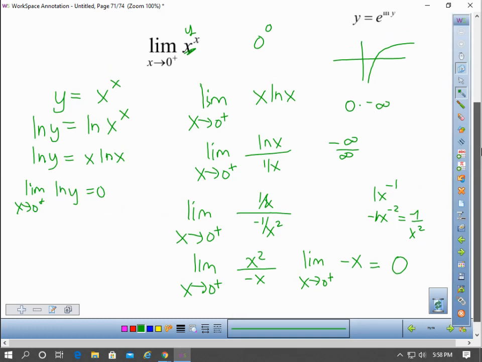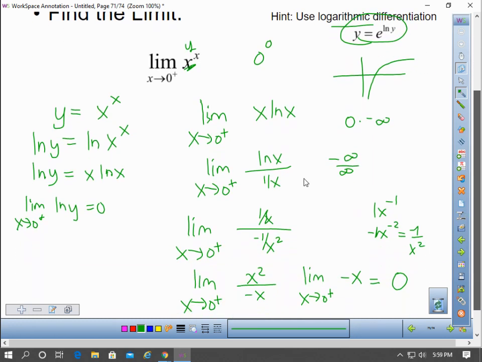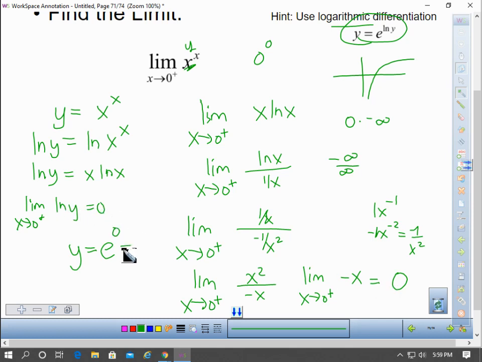So to fix it, I have to do this. y is actually e raised to my answer of ln of y. So y equals e raised to my answer, which is 0, and e raised to the 0 is 1. So the answer to this problem is 1.